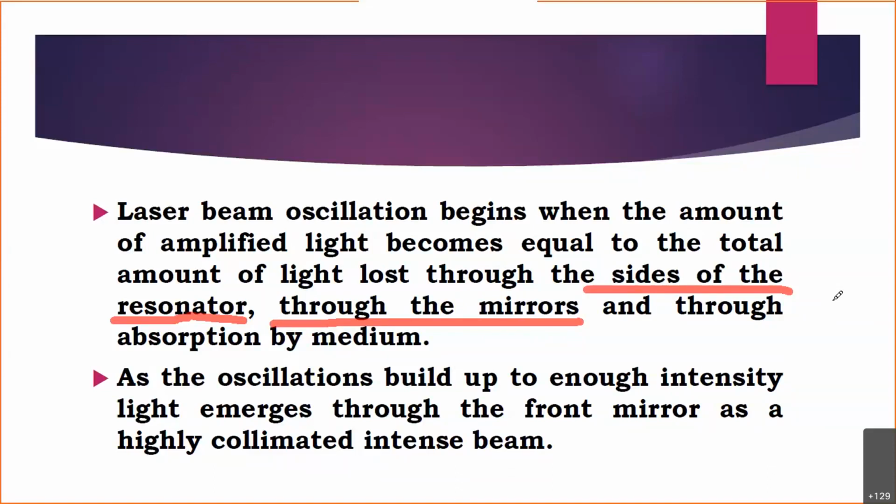So there are chances that some amount of light can escape through the mirrors, because it is not 100% reflective. Theoretically that's fine, but 100% is not possible in practical life. So a few percent of error will be there, and because of that some amount of light can pass through. So here also we are getting a loss.